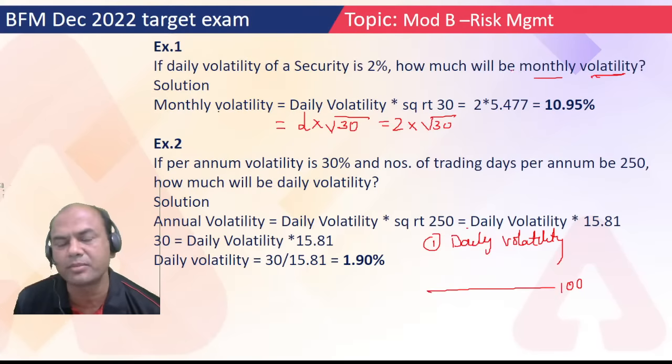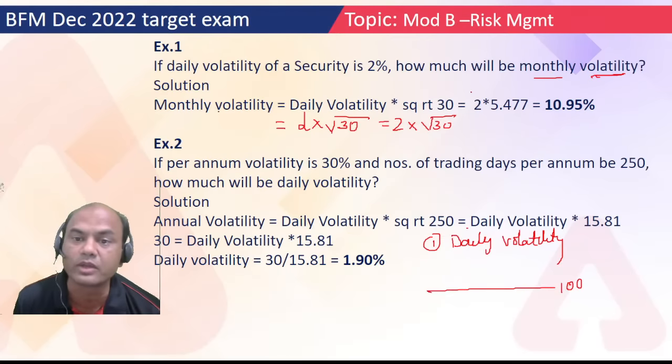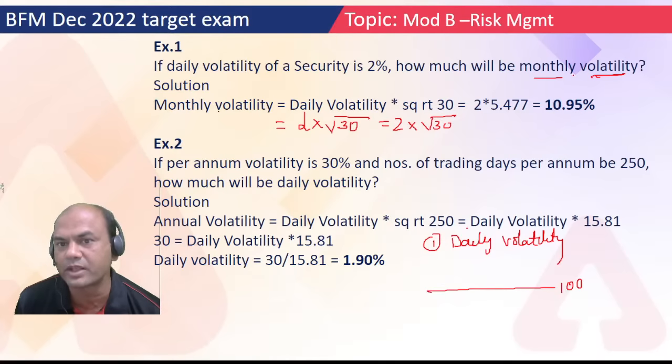But if in the exam they mention that the number of days in the month is 25, then take only 25, that is root of 25. If they don't mention the number of days, take the monthly correct days, that is root of 30. Got it everyone?